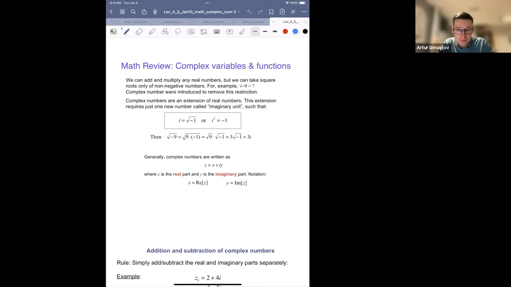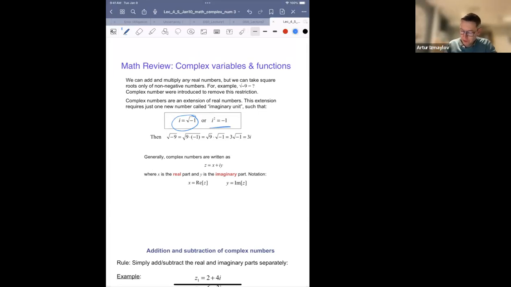So as I heard, you guys are familiar with complex variables, complex numbers. This originates from the desire to take a square root of a negative number, right? This quantity i, the imaginary unit, is the square root of -1. You square it, you get -1, something to remember.